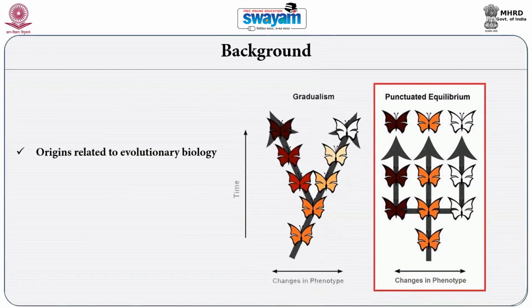The origins of the punctuated equilibrium approach can be traced back to evolutionary biology, that is, the scientific study of plants as well as animals.